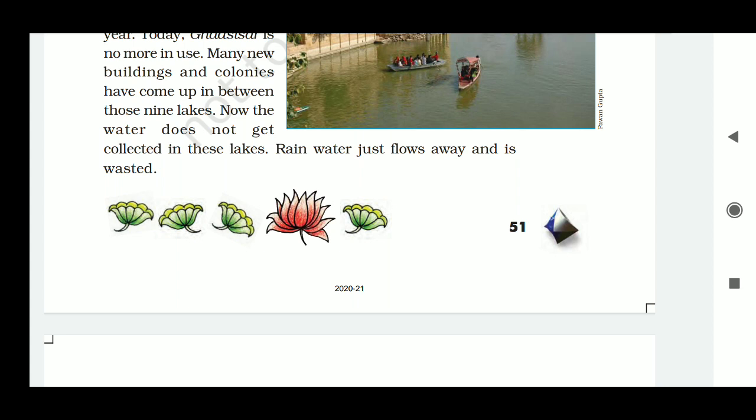Rainwater just flows away and is wasted. So this lake, long back ago, was used for collecting rainwater, but it is not the same now. Nowadays water does not get collected in these lakes and rainwater just flows away and is wasted. So the situation is different now.